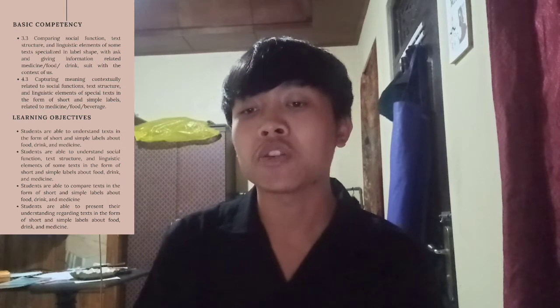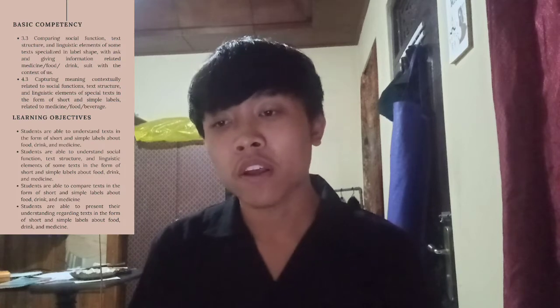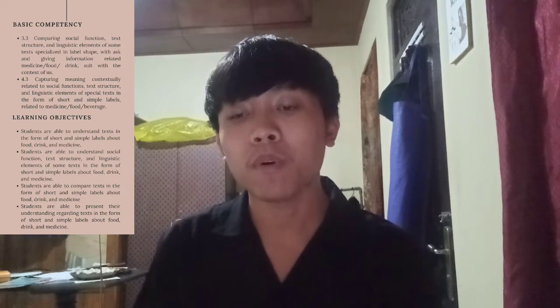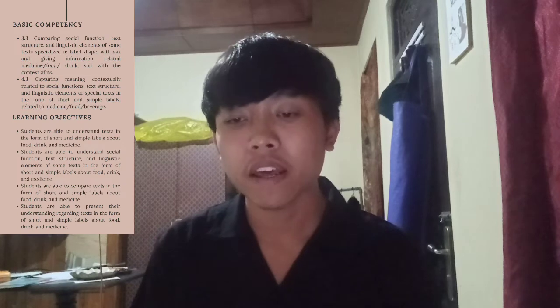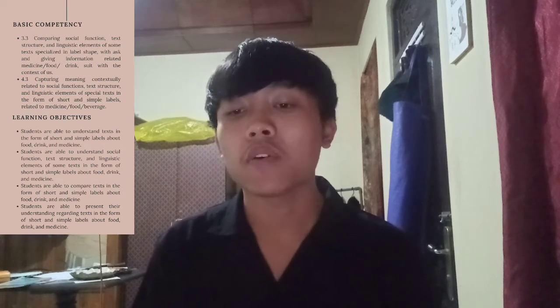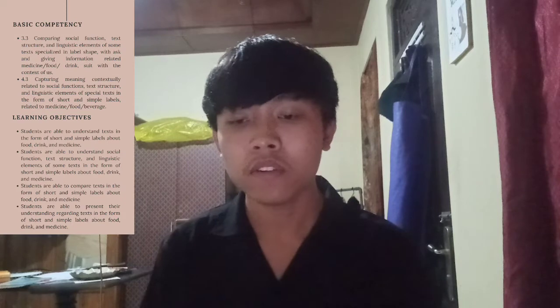The first one is students are able to understand text in the form of short and simple labels about food, drinks, and medicine. The second one is students are able to understand social function, text structure, and linguistic elements of some text in the form of short and simple labels about food, drinks, and medicine.